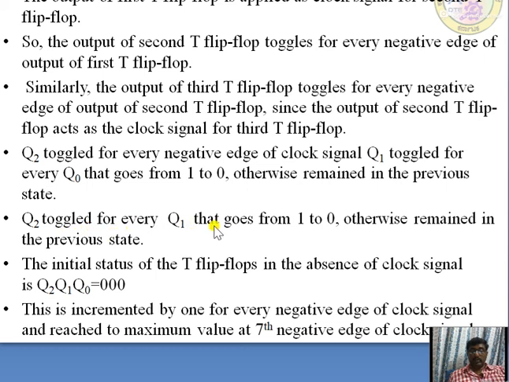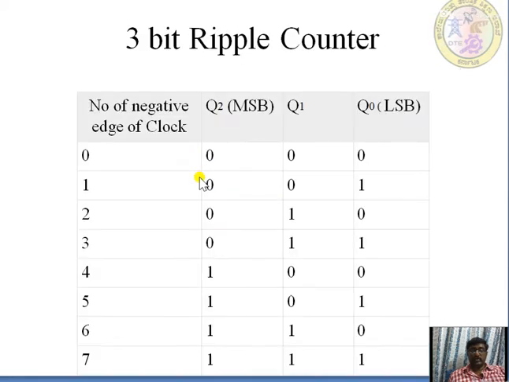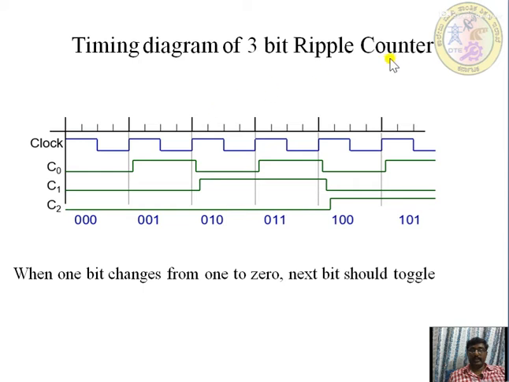Q2 changes only when Q1 goes from 1 to 0, otherwise it remains in the previous state. Whenever it moves from 1 to 0 or 0 to 1, that is just cross checked. In the timing diagram, during the negative edge of the clock, all three bits are 0 0 0. Once again, on the negative edge, it is 0 0 1.